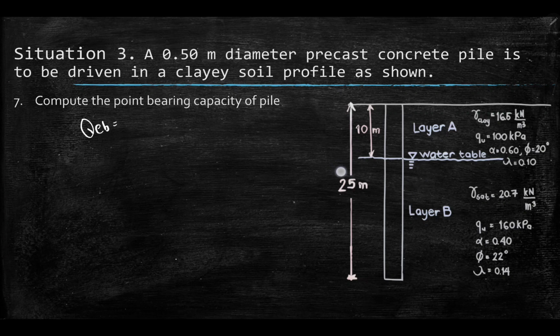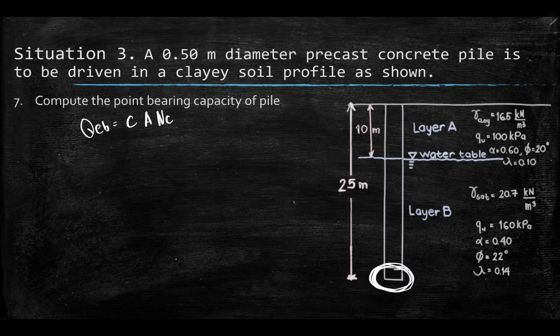Very easy. Okay? We have C, A, and silang ulit yan. So, ano ang consider natin dito na layer? So, ano yung gagamitin natin na cohesion? Again, when we talk about point bearing capacity of the pile, ang i-consider natin is yung ating pile tip. Kasi nga, end bearing capacity of the pile, di ba?